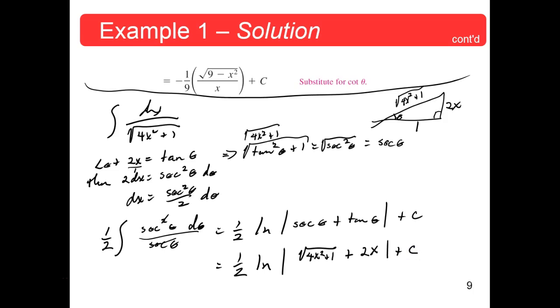There you have it. Oh, isn't that triangle nice? You think it's sort of a pain in the neck having to draw every time? No, it's not. So easy, and it should get you where you need to go. So what we have here is 1/2 the natural log of the square root of 4x squared plus 1 plus 2x plus c. Got it.